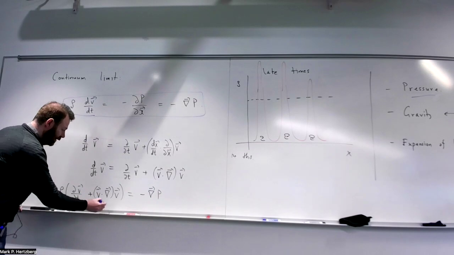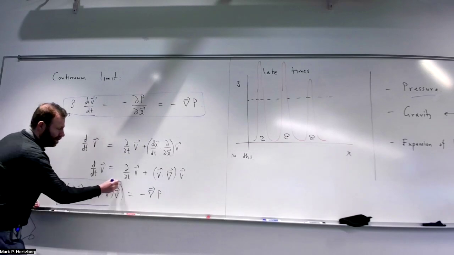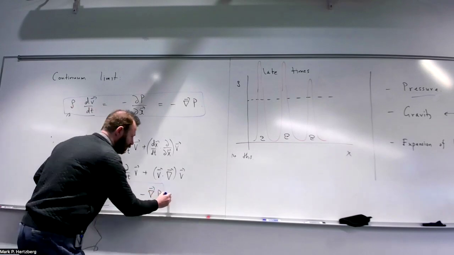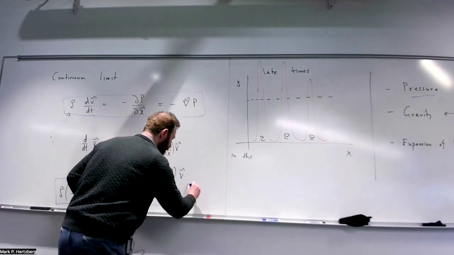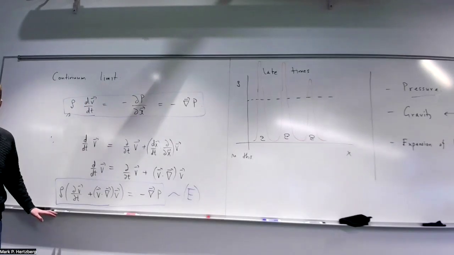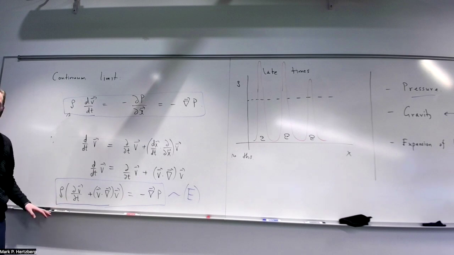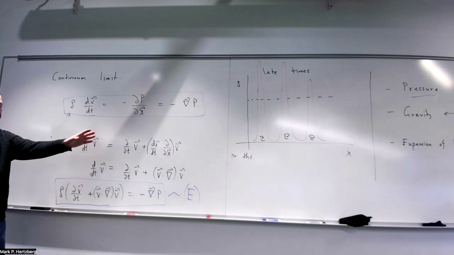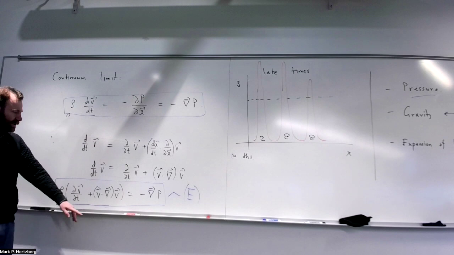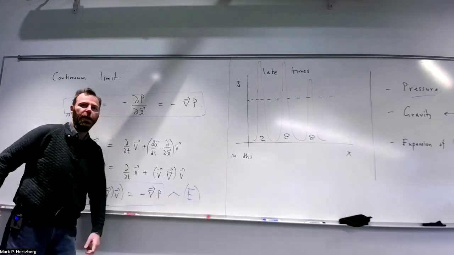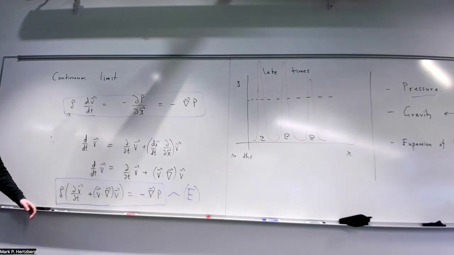All right, so this is actually a version of, I guess, the Euler equation, E for Euler. And we're just going to be building off this equation as we go. So adding gravity to this equation will be very simple. We'll just add another term on the right-hand side from the gravitational force. Well, let's just keep this for the moment.